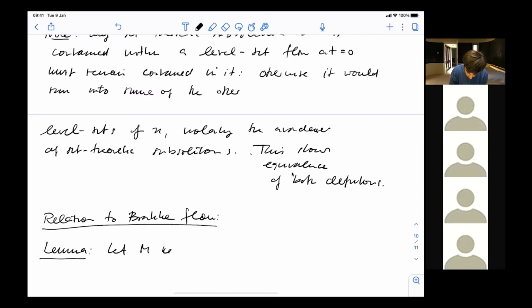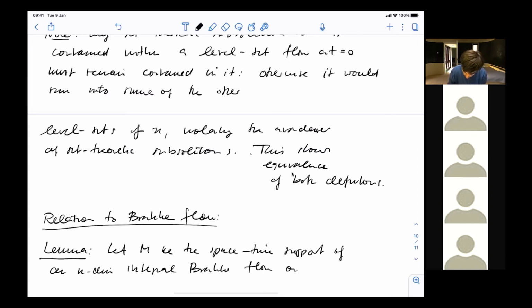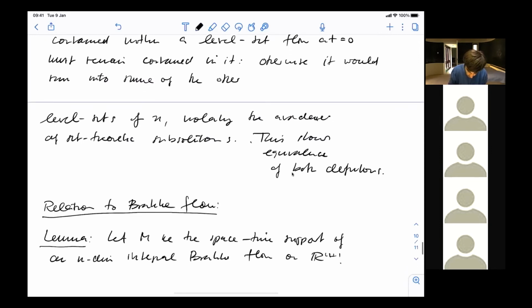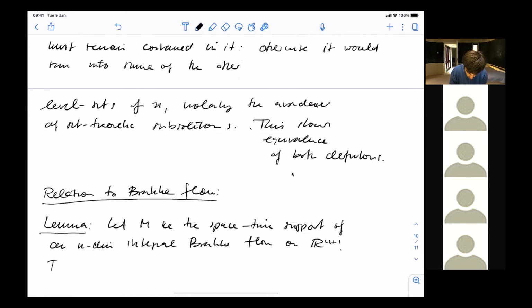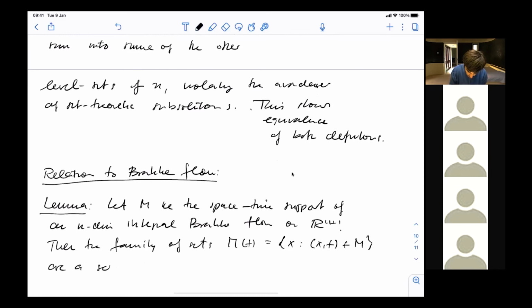Let M be the space-time support of an n-dimensional integral Brakke flow on Rn plus 1, then the family of sets M_t, just these time slices, are a set theoretic subsolution to mean curvature flow.